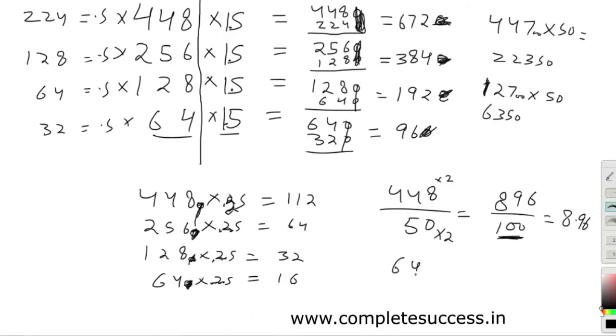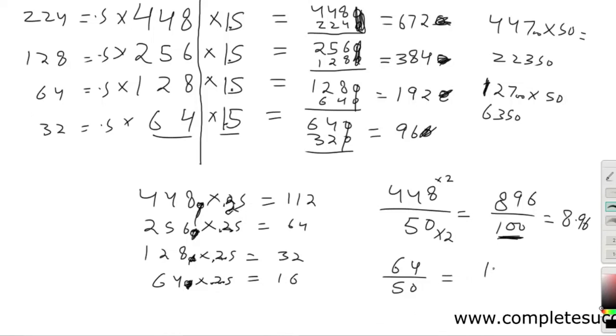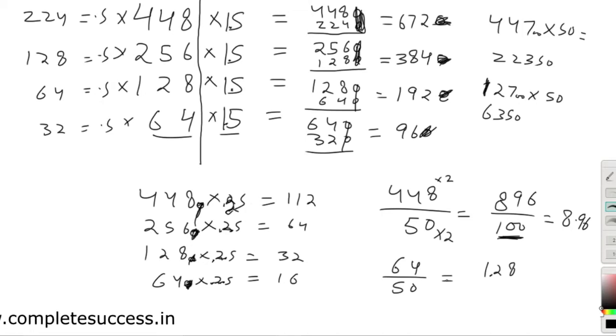So 64 divided by 50. So what is your answer? Double of 64 is 128. Double of 50 is 100. 128 by 100 is 1.28. So if multiplying with 50 is easy, divide is also easy.